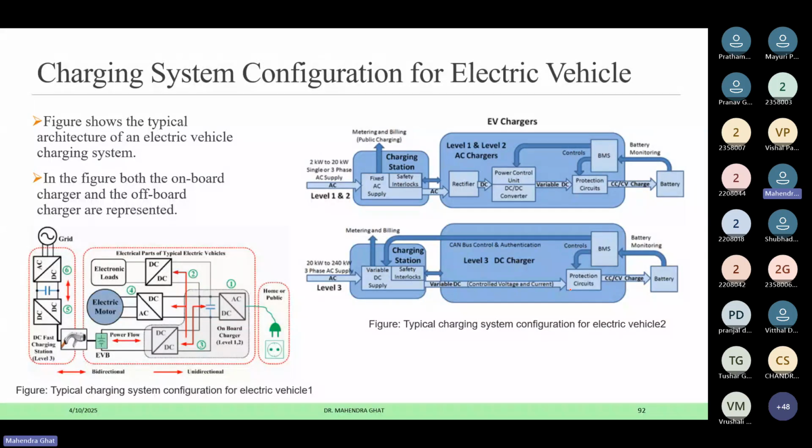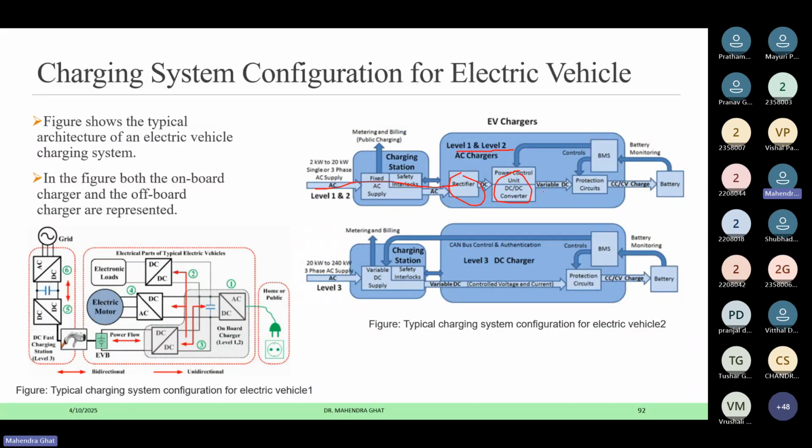Okay, so here again I have shown the overall structure of our electric vehicle charging systems. You can see if only an onboard charger is available, that is level 1 and level 2, we will get the AC supply, which is directly given to a rectifier which will convert AC supply to DC, and there will be a DC-DC converter because we want a variable DC to charge the battery.